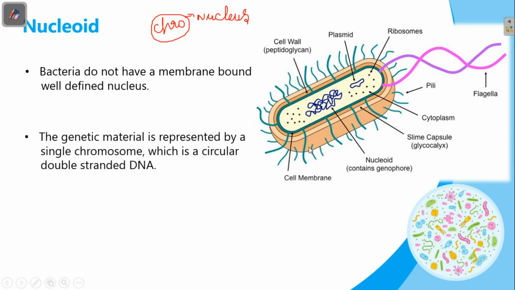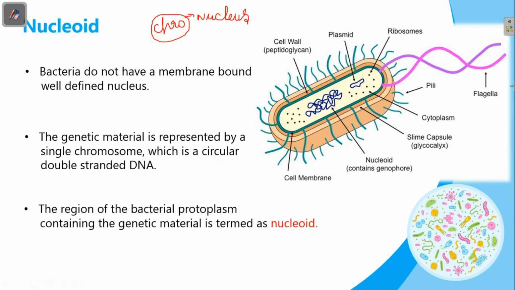In most bacteria, the genetic material is contained in one chromosome and contains all the hereditary information required to form a new bacterium. Wherever this single circular DNA is present in the protoplasm, that region is called the nucleoid.